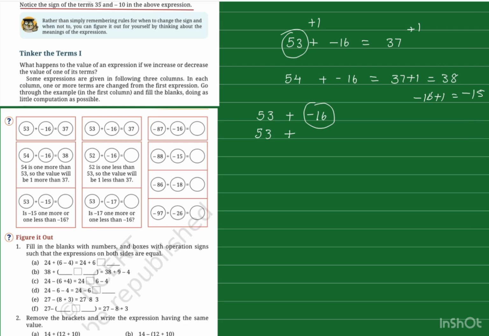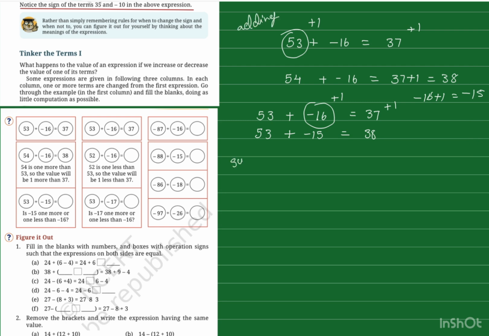Increasing the term minus 16, it becomes minus 15, then the answer is 53 plus minus 15, that is 38. So the answer increased by 1. So when we add one to the first or second number, the value also changes.